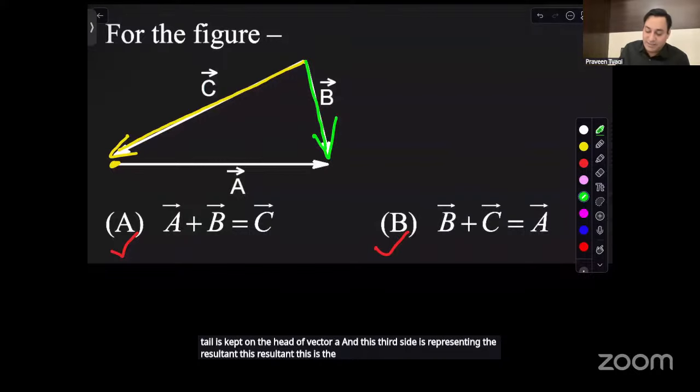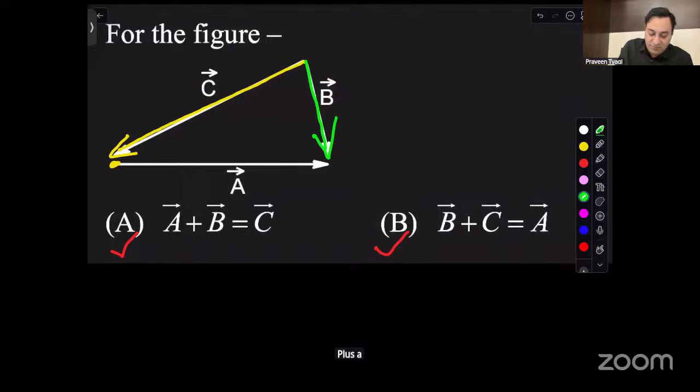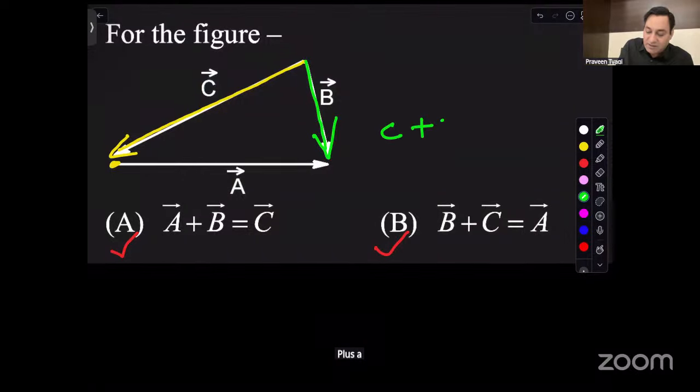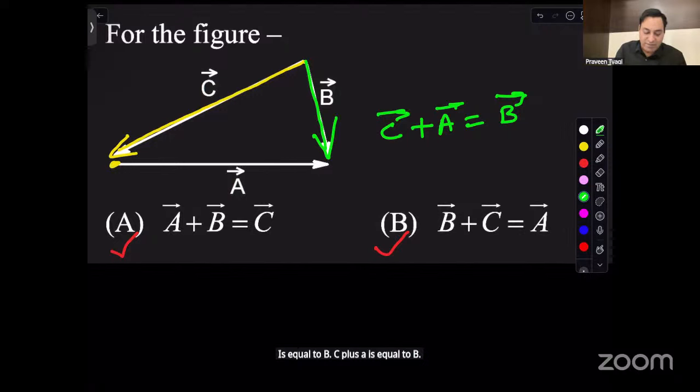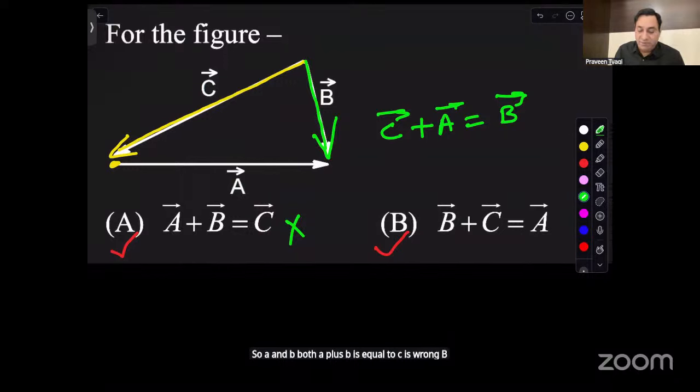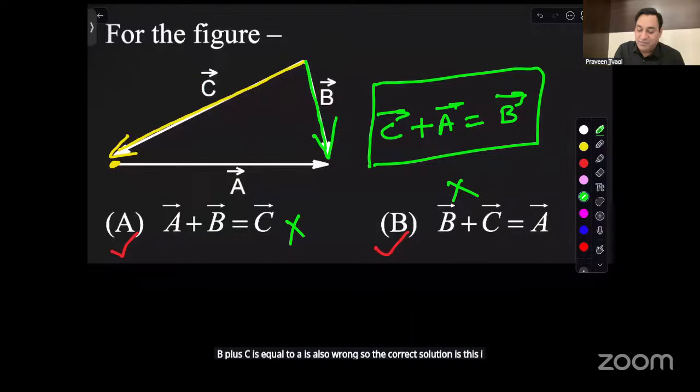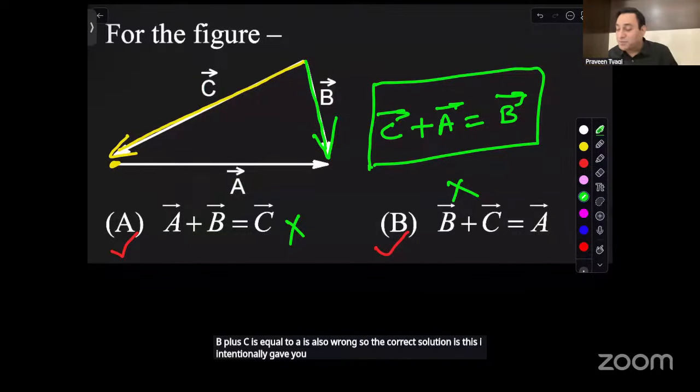So what I can see is C plus A is equal to B. So A plus B is equal to C is wrong. B plus C is equal to A is also wrong. So the correct solution is this. I intentionally gave you two options which both were wrong.